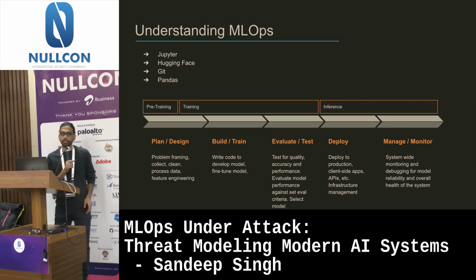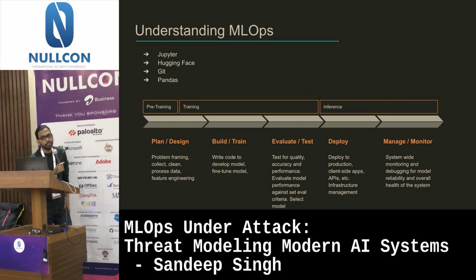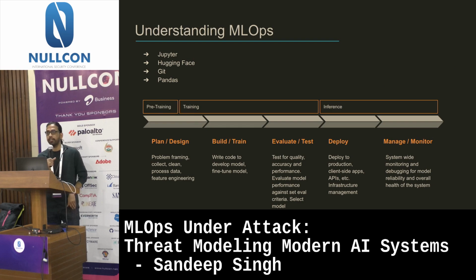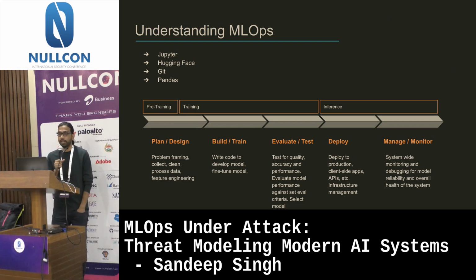Okay, so let's start with some tooling. In the plan design phase, what tools do people work with? Jupyter notebooks, I guess most of you may have heard. It's a web IDE with computational technologies available in the backend, so you can run a lot of computation using Jupyter. It's a favorite tool among data scientists.